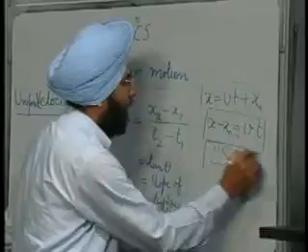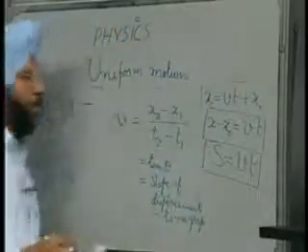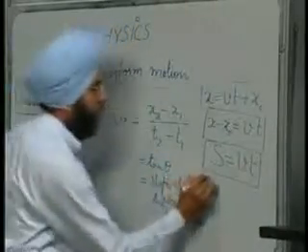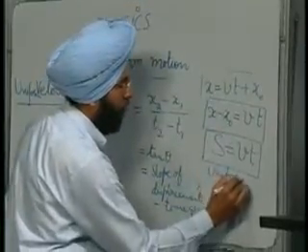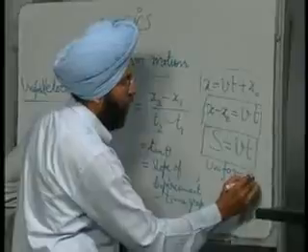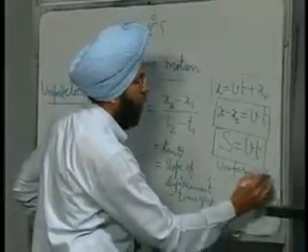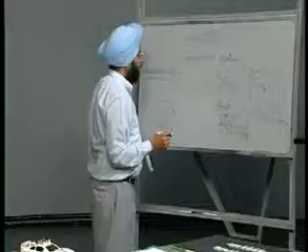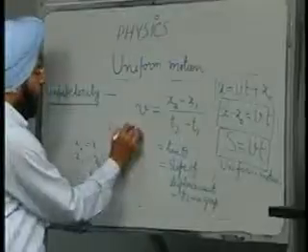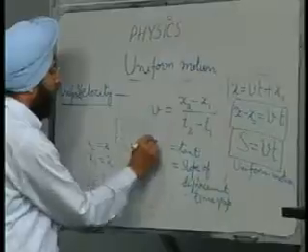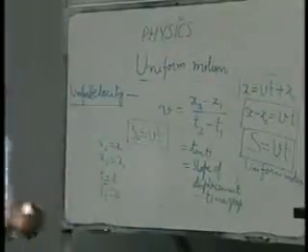This equation S is equal to v t is the equation of uniform motion. So, this is the equation that we will be using in our numerical problems on uniform motion.